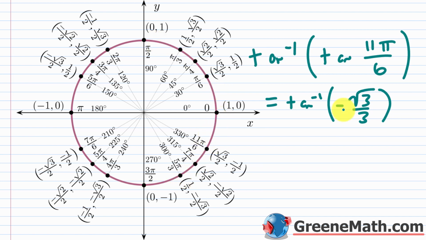When I'm in quadrant 4, when I have a negative argument here, I want to rotate clockwise. So I'm thinking about this angle right here, but I'm not thinking about it as 11 pi over 6. There is a pi over 6 reference angle there, and I'm rotating clockwise. So this is going to be negative pi over 6. So I want to give that as the answer. This would be equal to negative pi over 6.